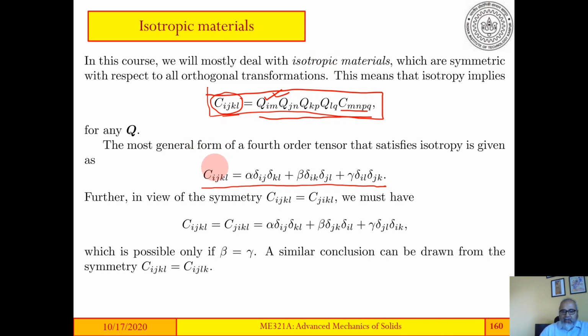However, for an elastic material, I need to have symmetries. So for example, Cijkl will be equal to Cjikl.